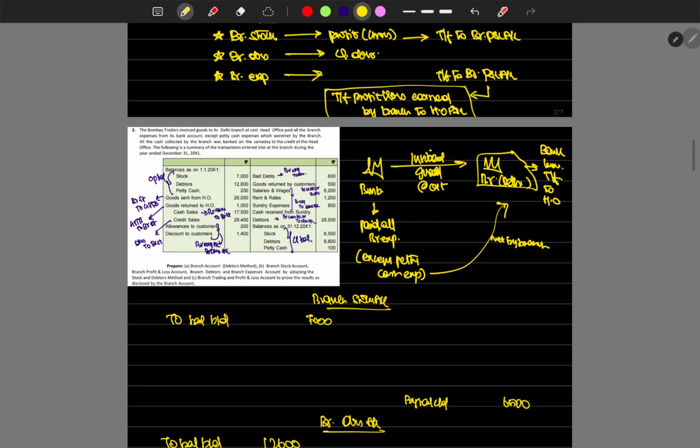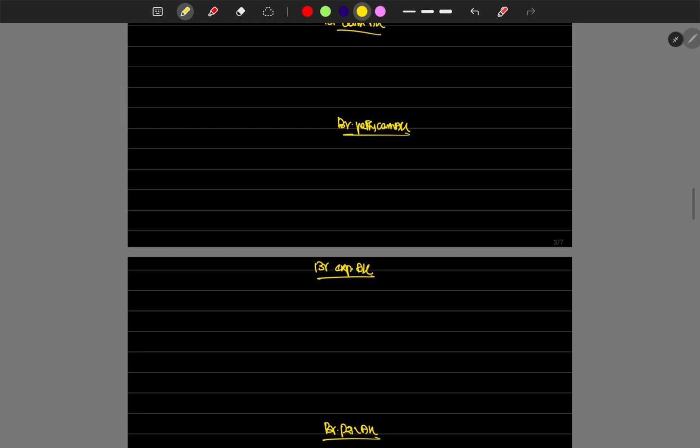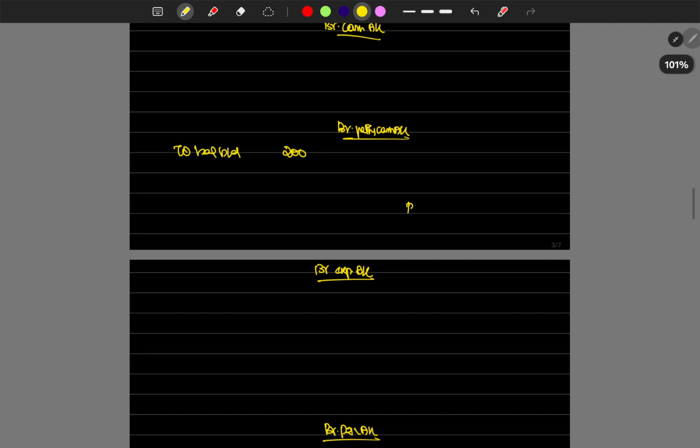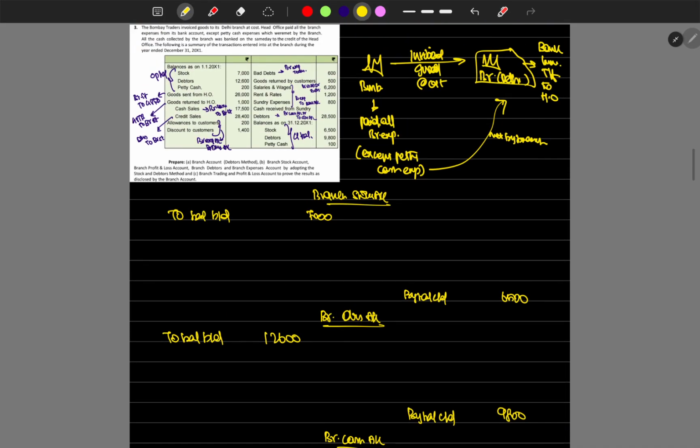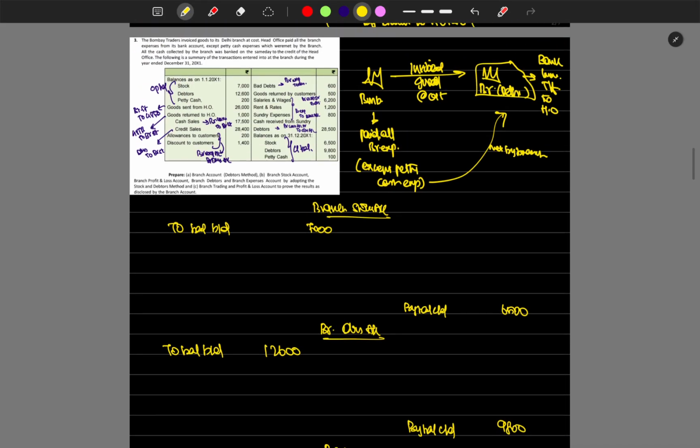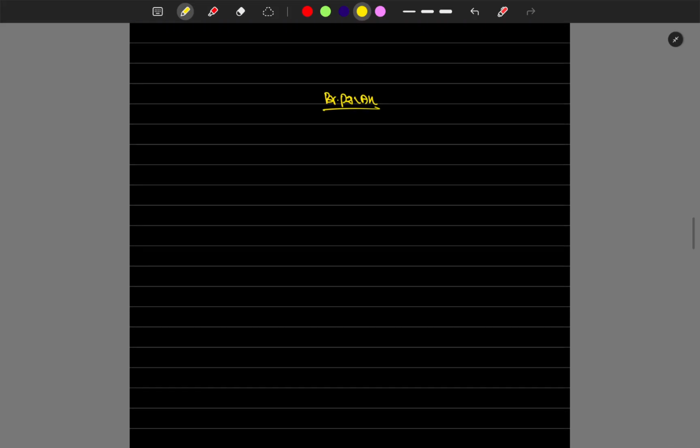Then petty cash 200, 100. That is petty cash, to balance brought down 200, by balance brought down 100. Okay, branch expenses. Is there any opening? That's it, right?